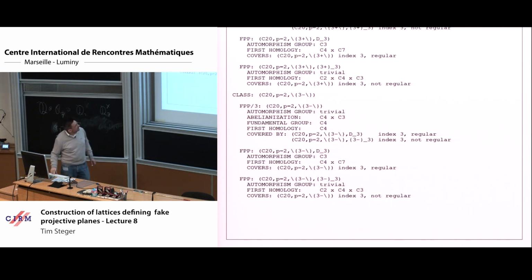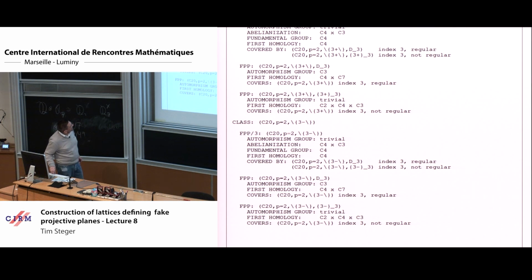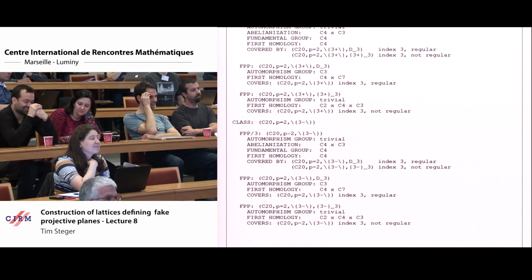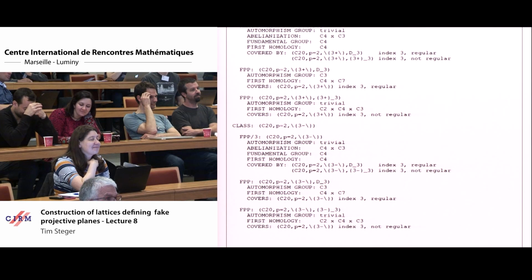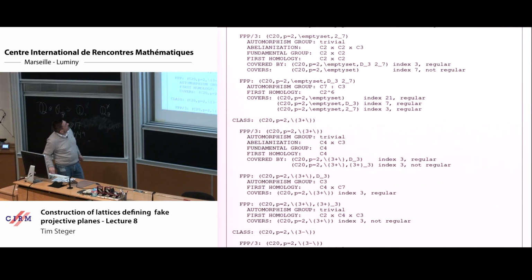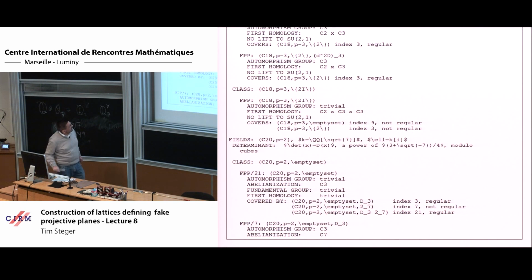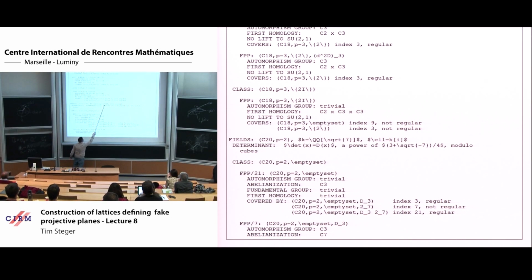Now this is interesting. I don't understand this. For some reason, which I actually do not understand, 3 plus and 3 minus are different here. Yes, no. I think I know what it amounts to. To switch back and forth between these two, one needs to change the sign of the square root of 7.